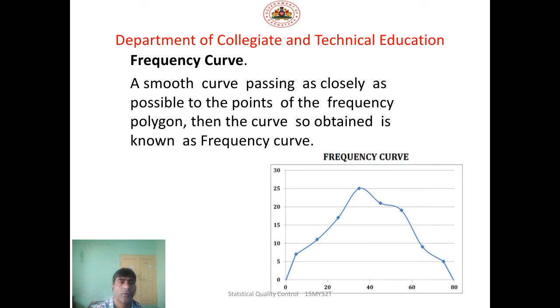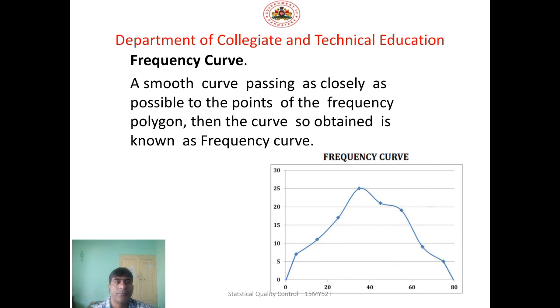For 55 it is 19. For 63 it's 8. Next for 75 it is 5. We have got the points and now we are joining those points with the smooth curve. Okay, when you join these points with a smooth curve, you will be getting a frequency curve. It is very simple. You can try this on your graph sheets.